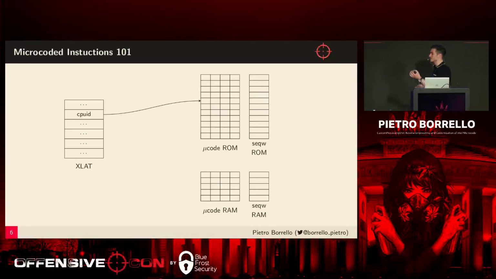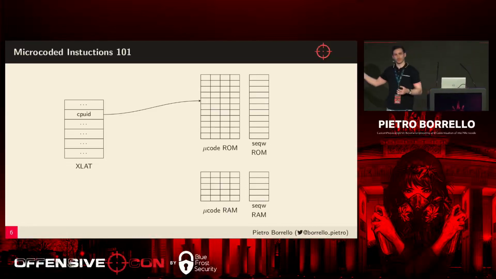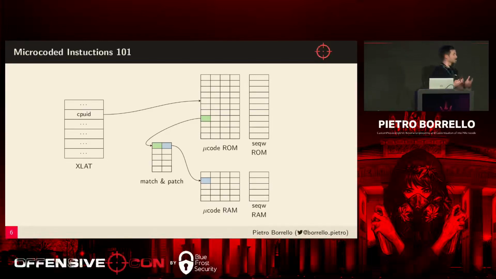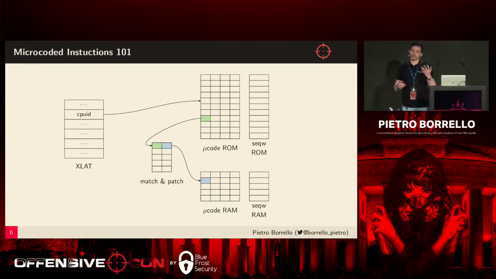But we miss a bit here, and this is how do we know that we have a patch for that microcode address? So there is a component that we can call the match and patch. Every time you're about to execute a micro instruction at a particular address, it will redirect the execution to the RAM if there is any available patch for that address.